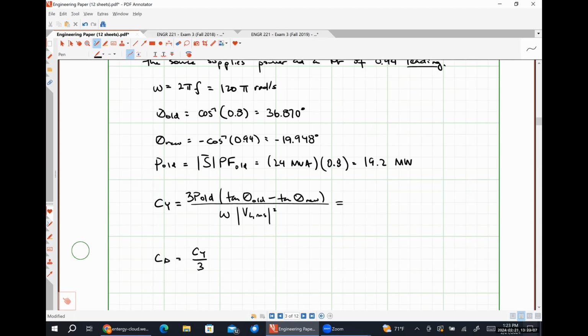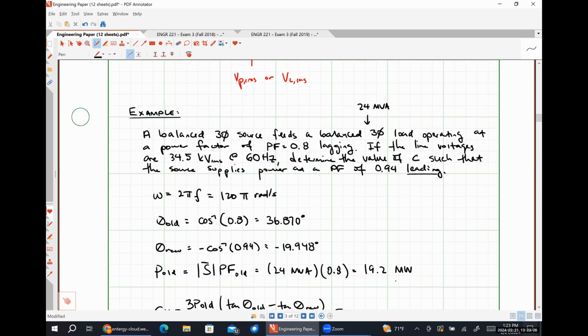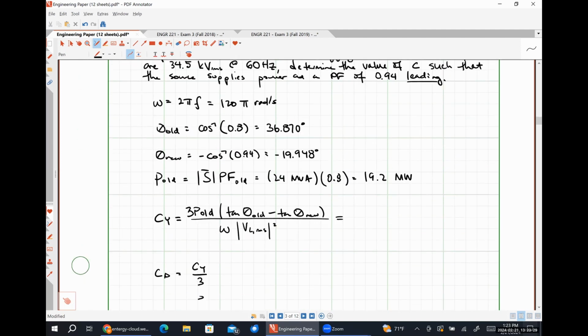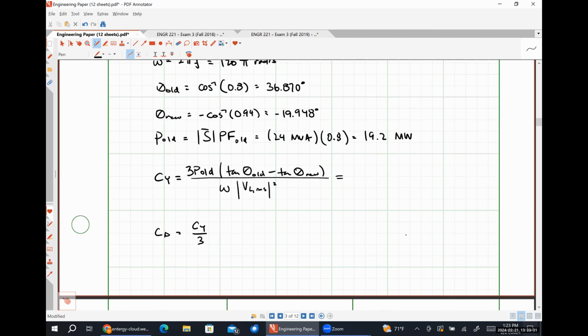So let's throw some numbers at this time, right? So 19.2 times 10 to the positive 6 times the tangent of what I have stored in my calculator as X minus the tangent of what I have stored in my calculator as Y divided by 120 pi times 34,500. Oops, I meant to square that.